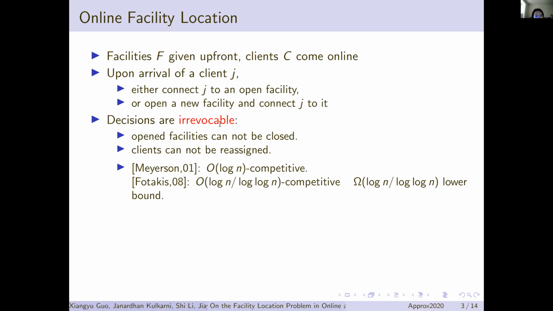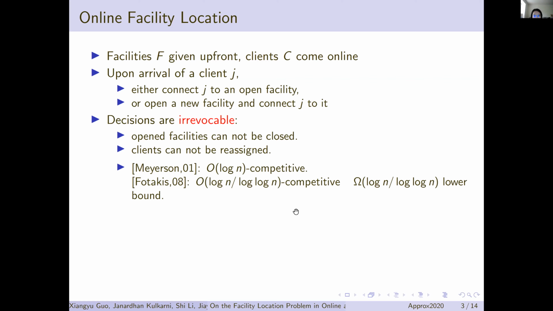That means when you make a connection, you cannot change the connection anymore. Even if a closer facility opens in the future, you're not going to reconnect the client to this closer one. And once a facility is open, it cannot be closed, even if closing a facility would definitely reduce the cost.